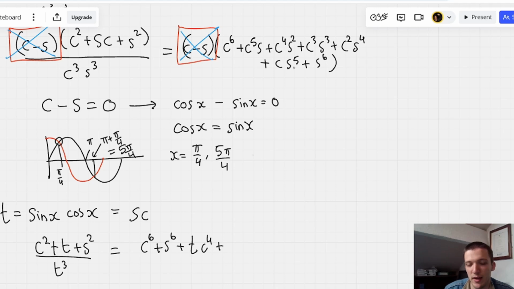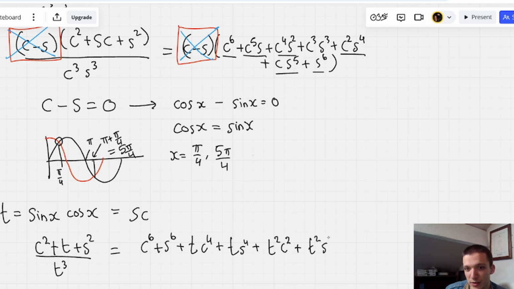Well, cs is t, and then you've got 4 s's left over, that's t s^4, plus then I've got, so I've done this guy and this guy, then my c^4 s squared is going to be t squared c squared, plus I've got this one, which is t squared s squared, because again t is cs, so t squared is c squared s squared, and I've got 2 s's left over.